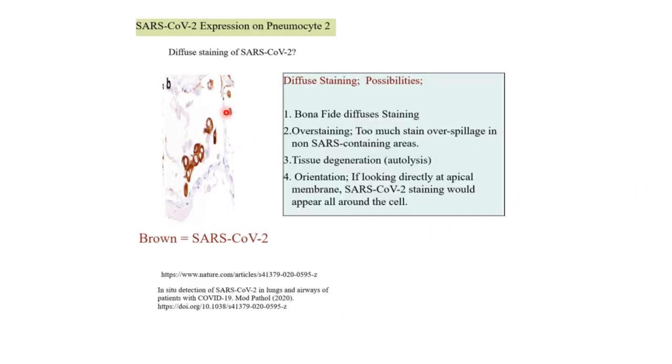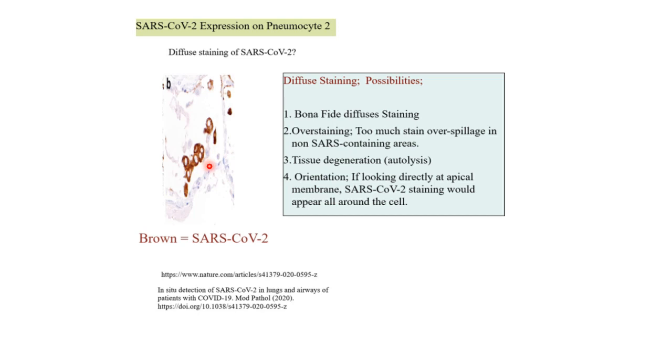So what could be the reasons for this diffuse pattern of staining of type 2 pneumocytes by SARS-CoV-2? One, it could be bona fide diffuse staining. So it could be that sometimes SARS-CoV-2 does infect all of the type 2 pneumocytes and cause a diffuse pattern.